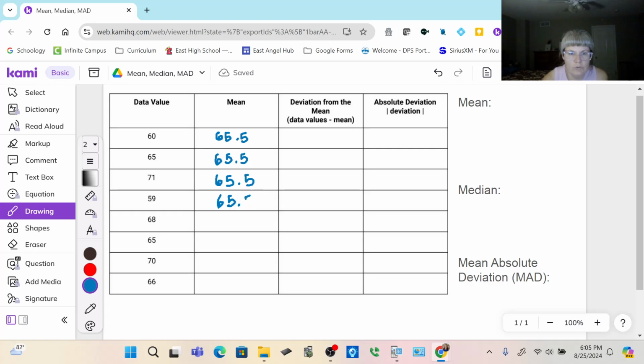And the reason we're doing this is because we have to find how far away the number within the set is from the mean of the set. So we're going to have to do some subtracting. So we're going to find that deviation. That means I'm going to take my original data value and subtract the mean.